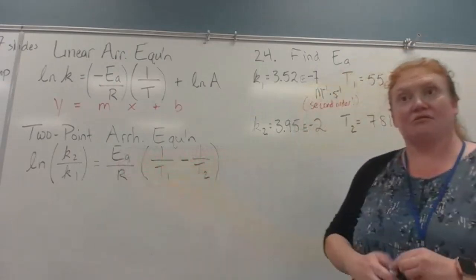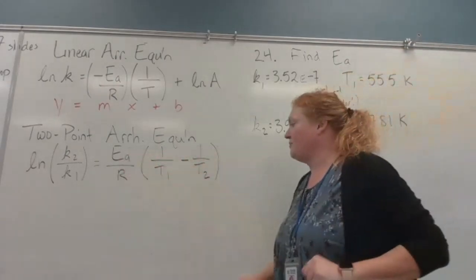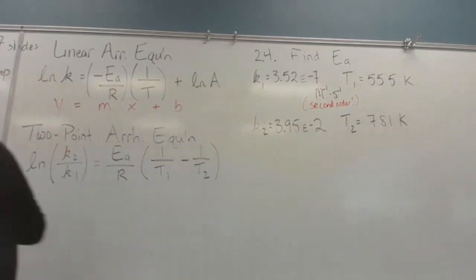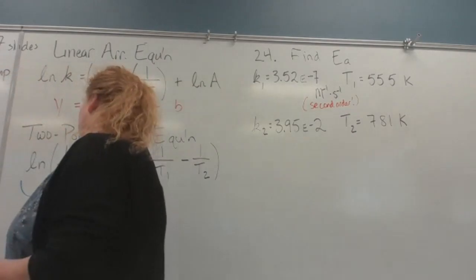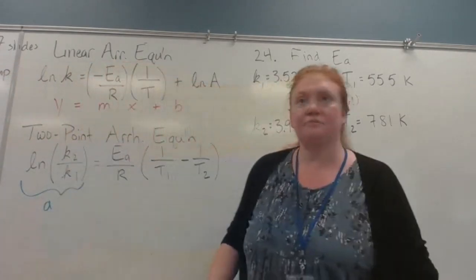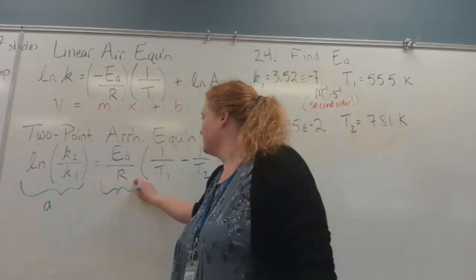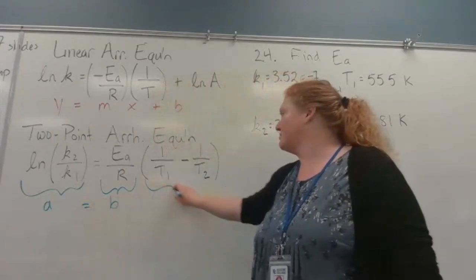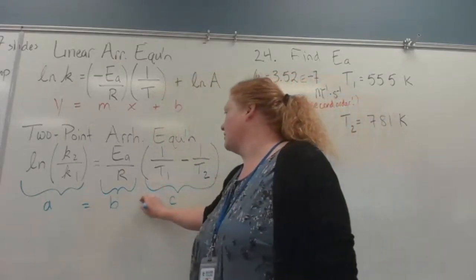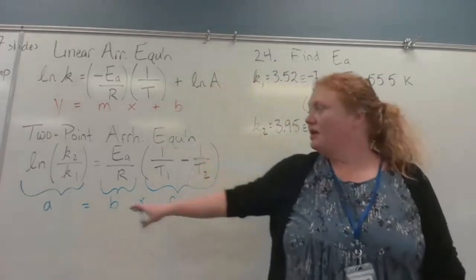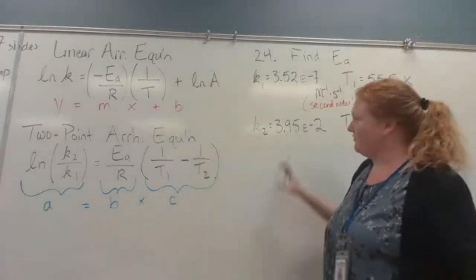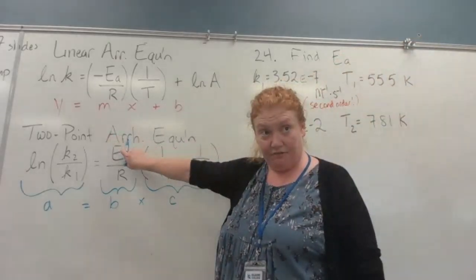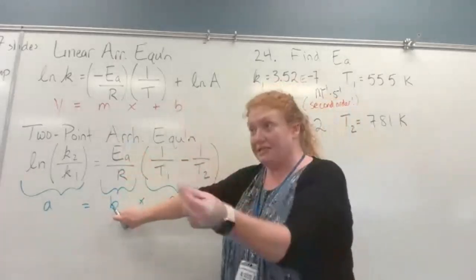So I'm going to suggest for some of you that you may revisit my little strategy of letting all of that be what you're calling the letter A, and let this be what you call the letter B, and let this be what you call the letter C. If you think A's, B's, and C's, if I'm going to rearrange for activation energy, I'm trying to get B by itself.